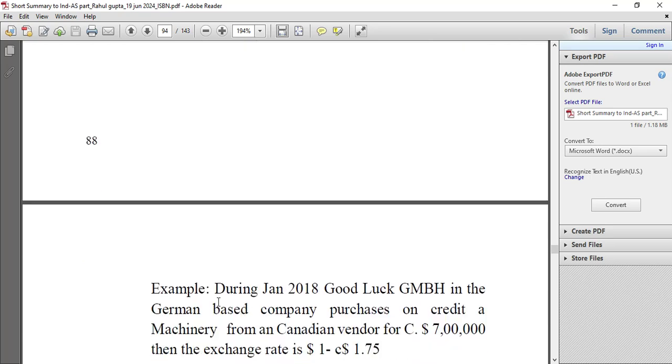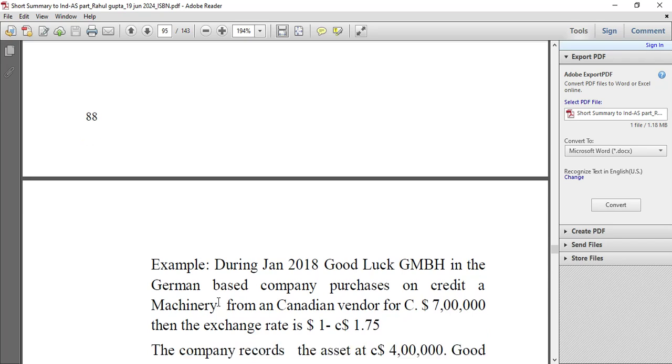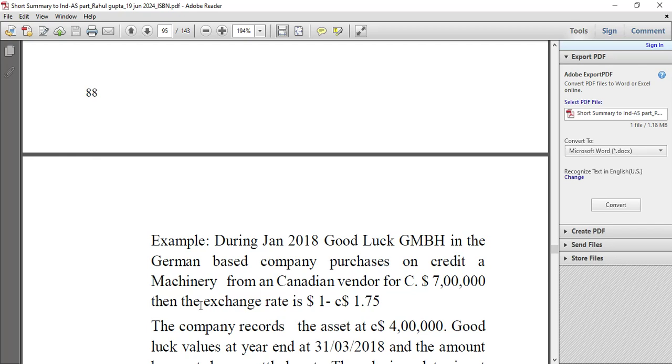Example: during January 2018, Goodluck GmbH, a German-based company, purchases on credit a machinery from a Canadian vendor for Canadian dollar 7 lakh. The exchange rate is 1 euro equal to Canadian dollar 1.75.